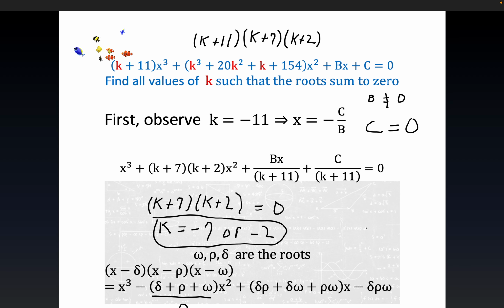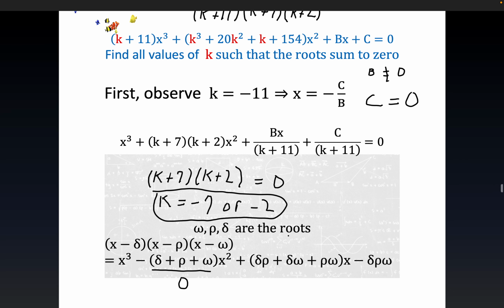You could use this to generate an infinite number of problems. Not that that's particularly interesting, but b and c can be any real numbers you want outside of this special case. But as long as k is not equal to negative 11, no matter what constants you choose for b or c, the answer to the question is negative 7 and negative 2.